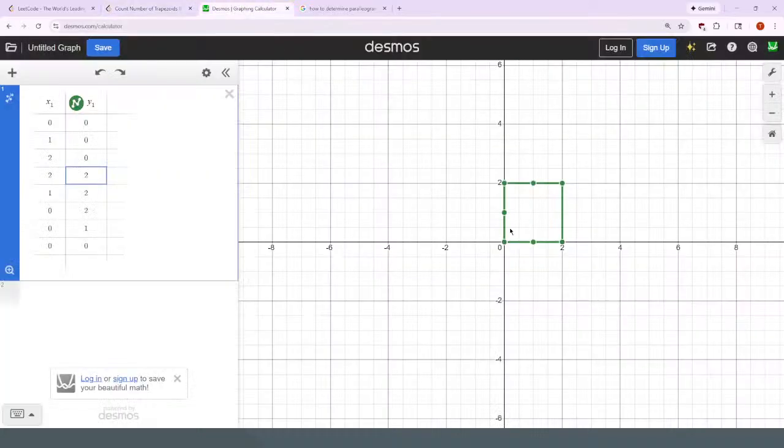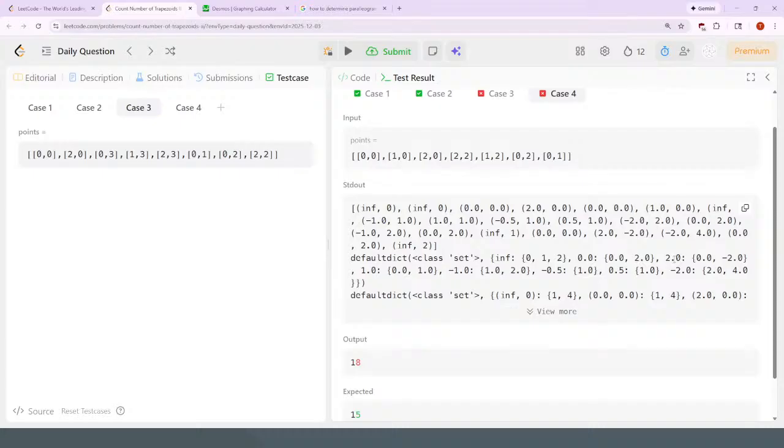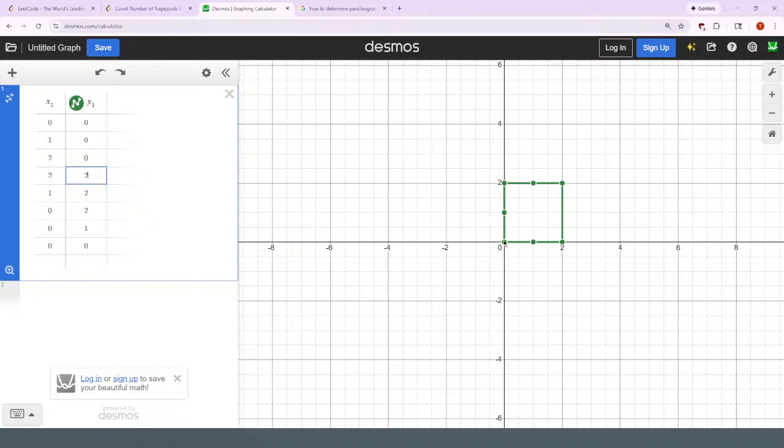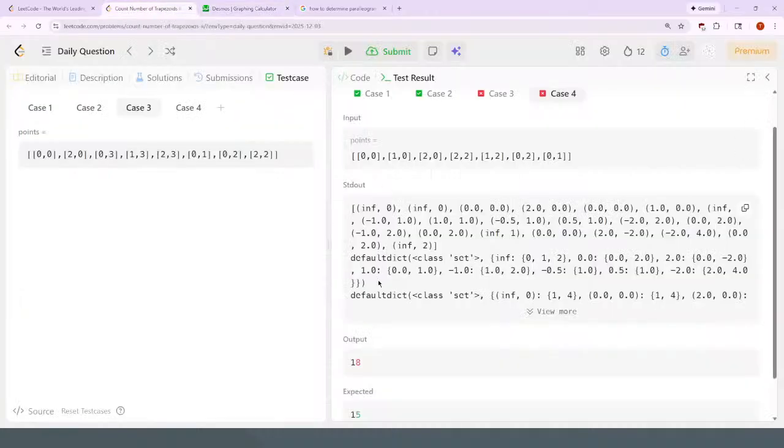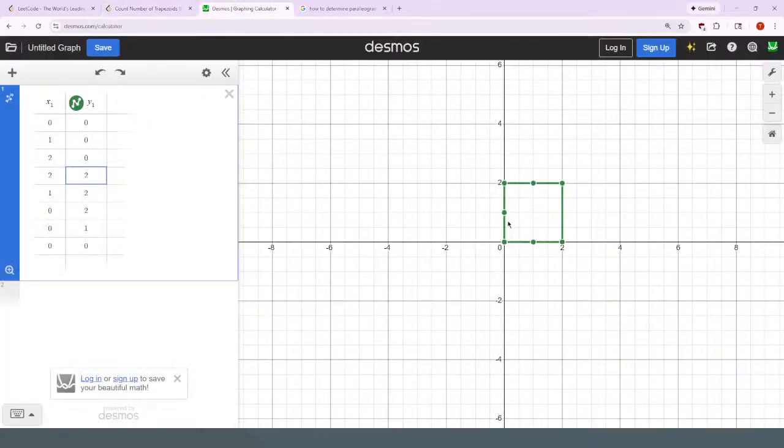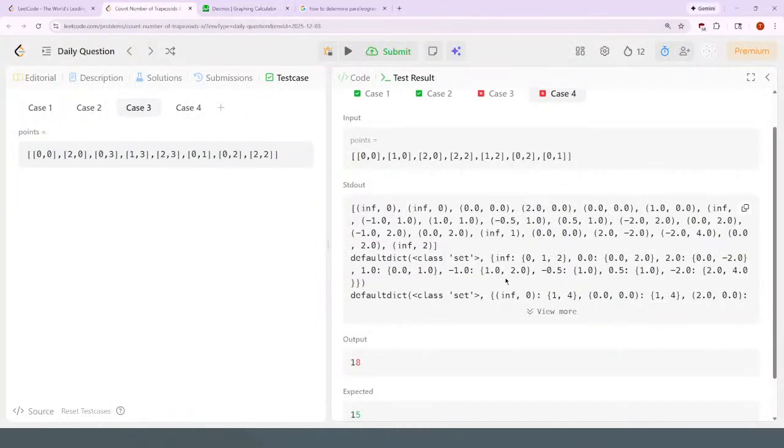Slope of 2. So yeah, it'd be these steep diagonals. Slope of 1 can have 0 and 1 as the y-intercept. That'll be the 45-degree diagonals. Okay. Slope of negative 1, you can have 1 and 2. So that'll be these downwards diagonals.